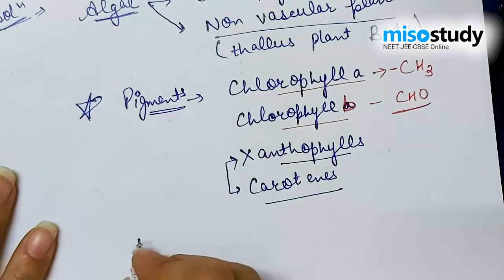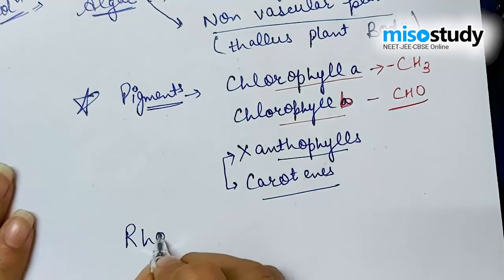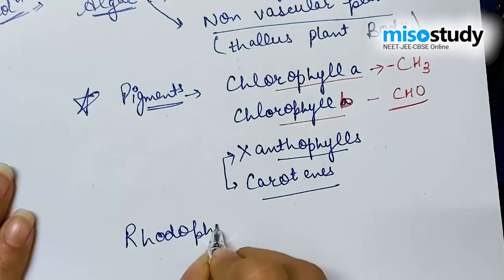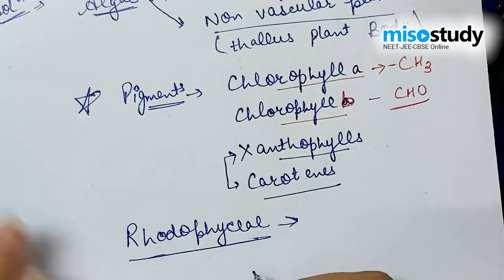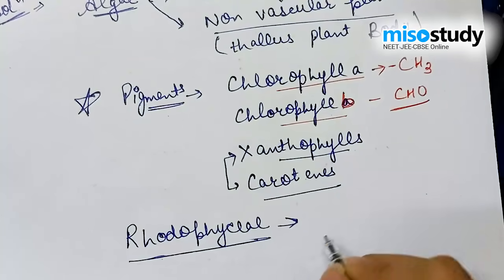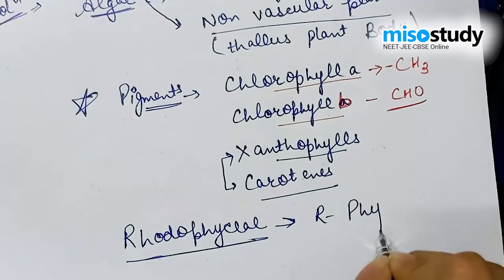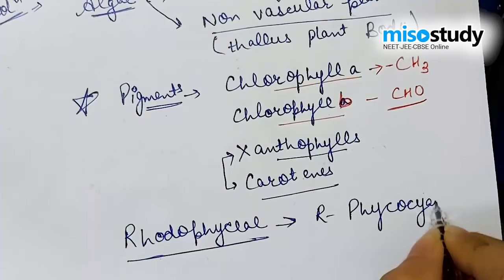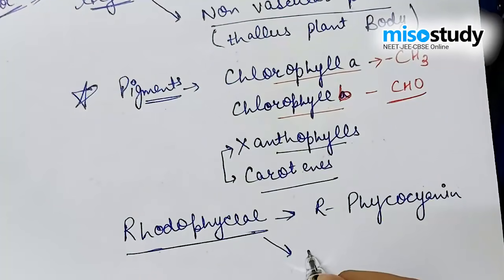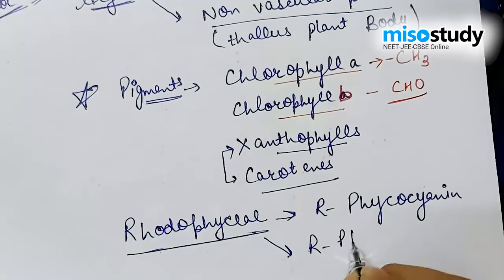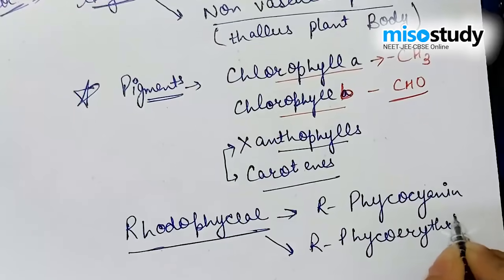First we consider the case of rhodophyceae, in which the pigments generally are phycocyanin and phycoerythrin.